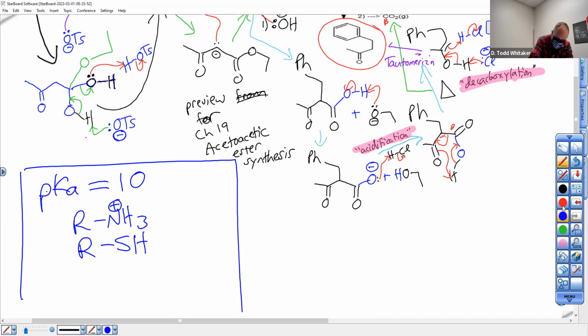What functional group? Yes, we should always know what these things are called. Ammonium, thiol. Also at the end of chapter 10, there was a special alcohol. What's that called? Phenol. Not like normal alcohols because of resonance. The O- has extensive resonance.